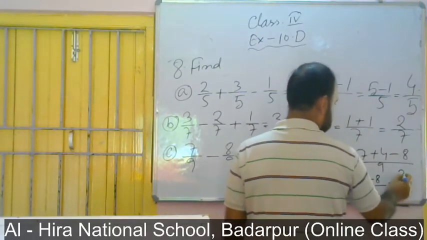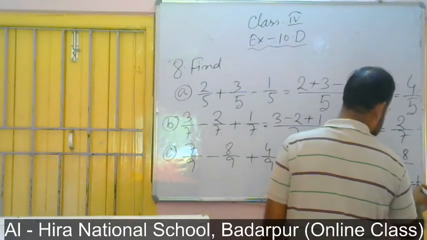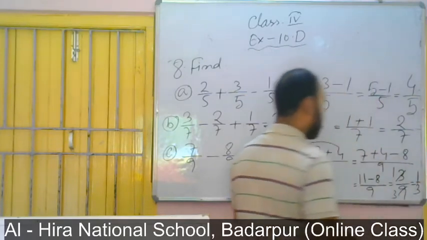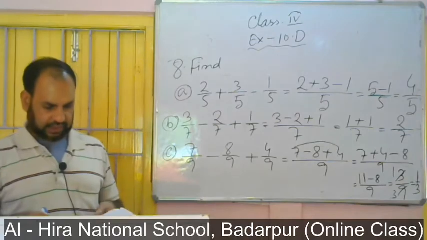If we cut, 3 ones are 3 and 3 threes are 9. The answer is 1 by 3.